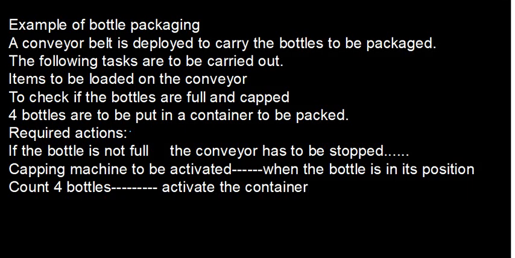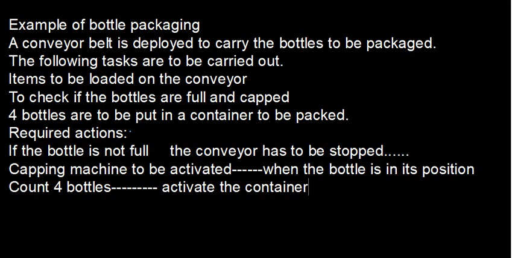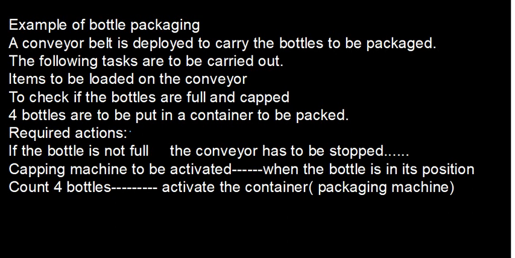You have to bring that container or crate, whatever you call it, by virtue of your packaging machine. The container or the packaging machine has to be activated. Now there are certain other tasks which should happen there in order to avoid any misoperation of the entire system.